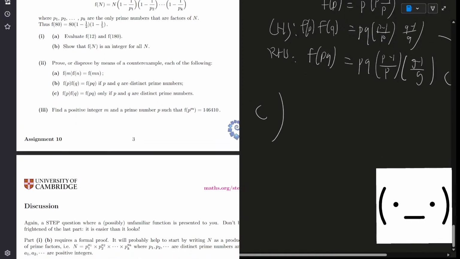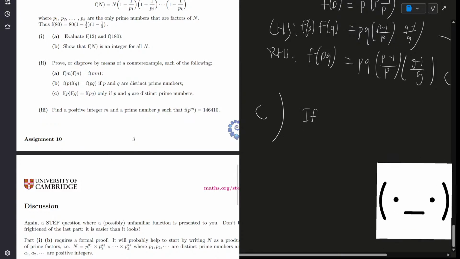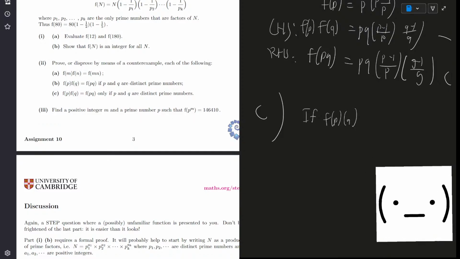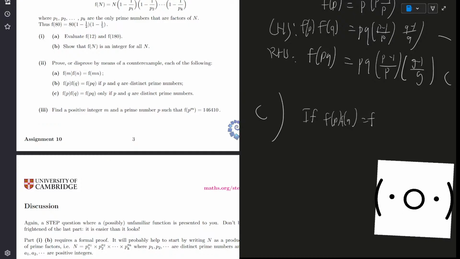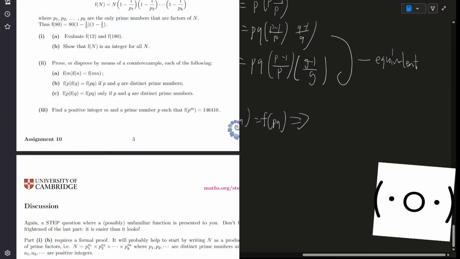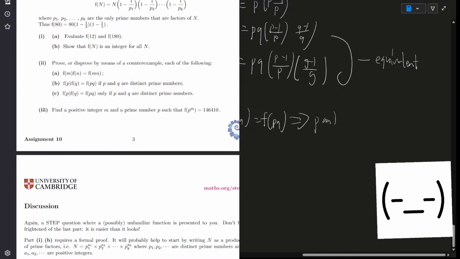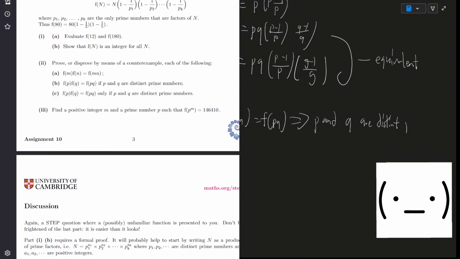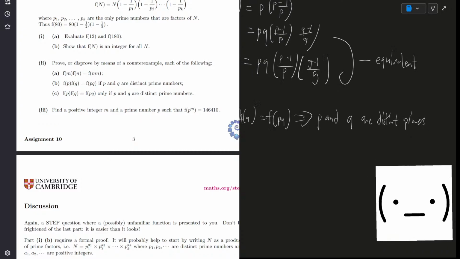F of P. So if F of P equals this, then that implies that P and Q are distinct primes.